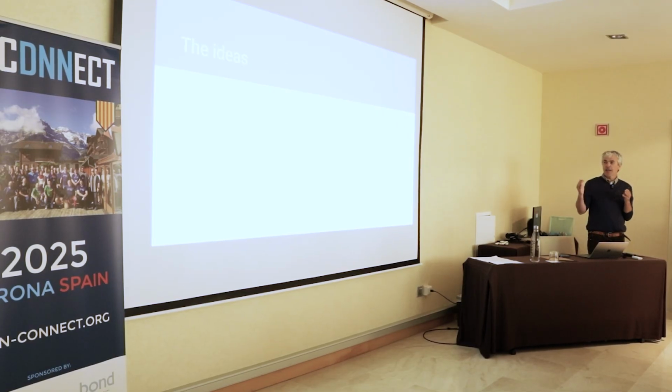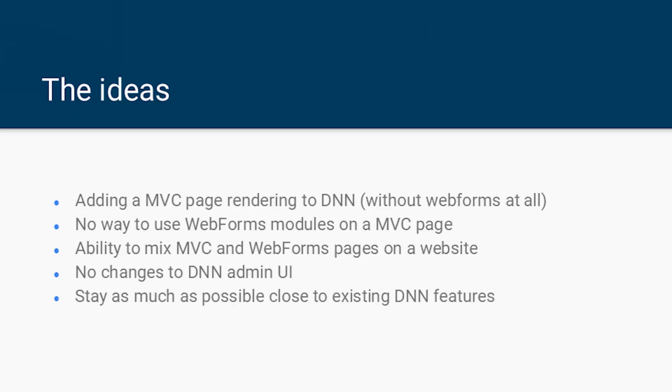So the idea of this pipeline was adding MVC page rendering to DNN without web forms at all. So there is no way to run a web form module in this pipeline. We have to make the modules compatible to this pipeline to have the possibility to run our modules in this pipeline.